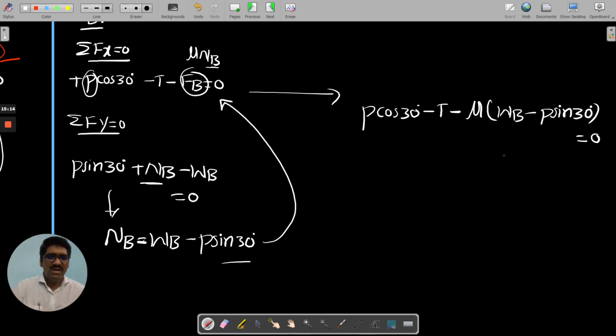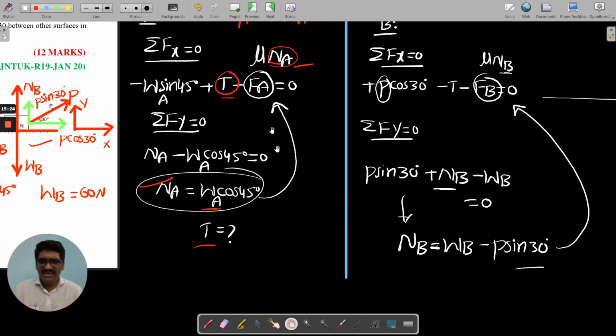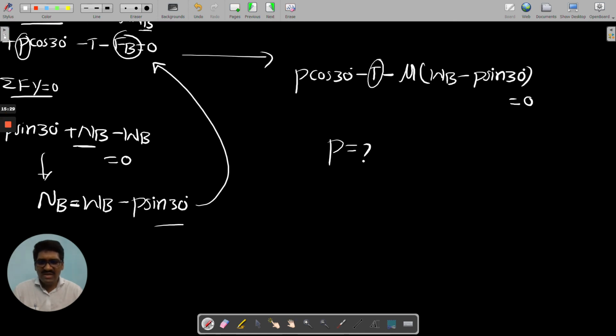Definitely. So from this equation, can we bring out the value of P or not? Definitely we can, because T is already known to us. T we got from this equation already. Therefore, final conclusion, I want to say one thing clearly.